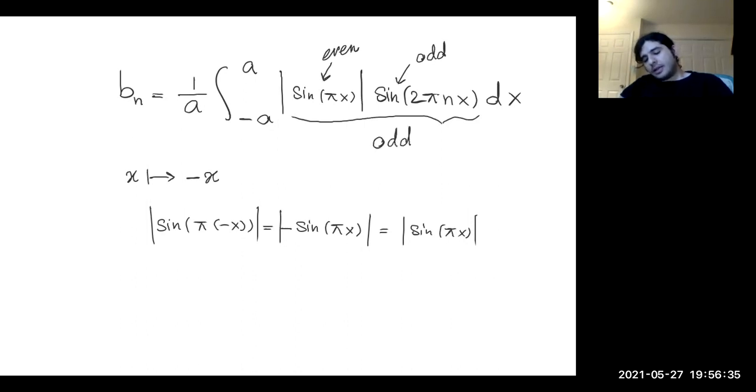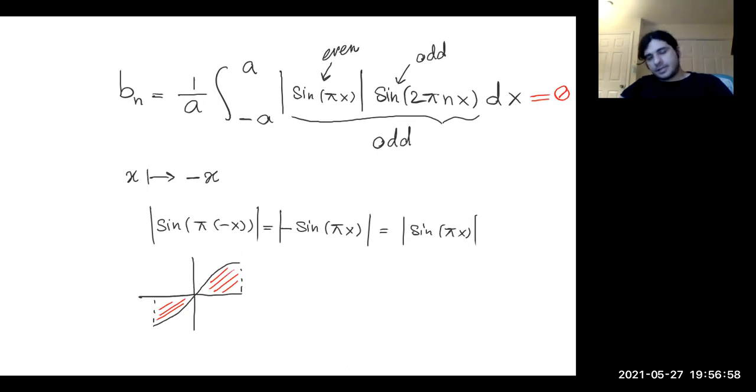And when you take the integral of an odd function on a symmetric interval around 0, the integral would be 0 because the positive side and the negative side cancel each other. So this integral is 0, so the numbers b_n are equal to 0.